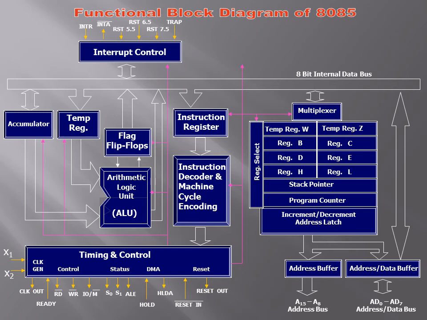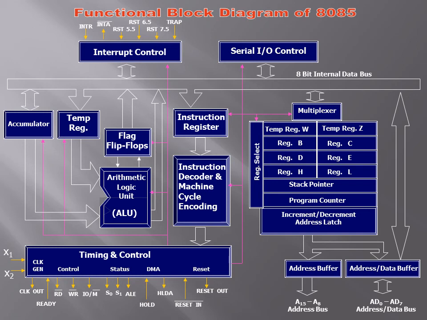The TRAP is a non-maskable interrupt, and whenever it is given to the microprocessor, it stops all other operations and serves the TRAP request first.